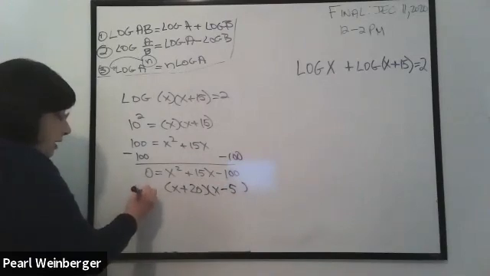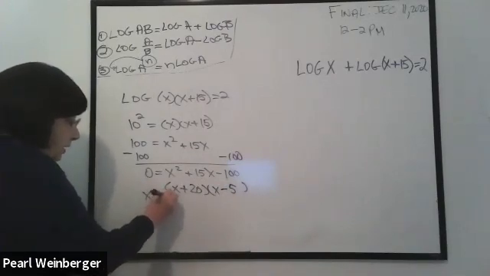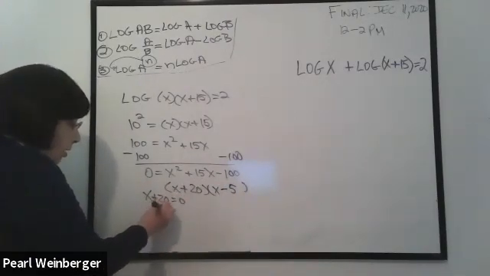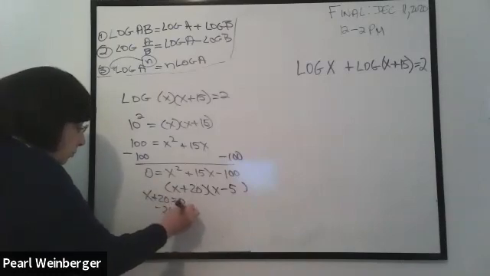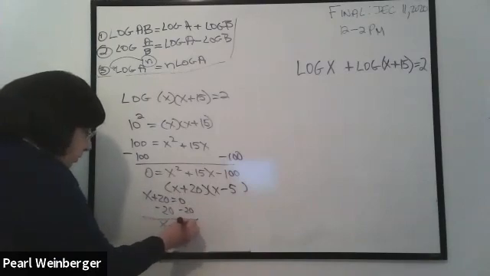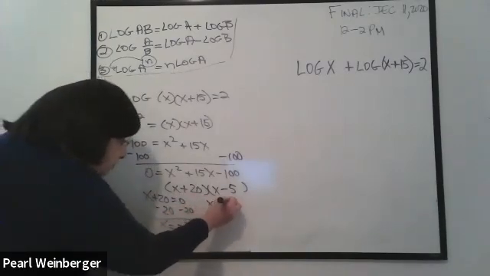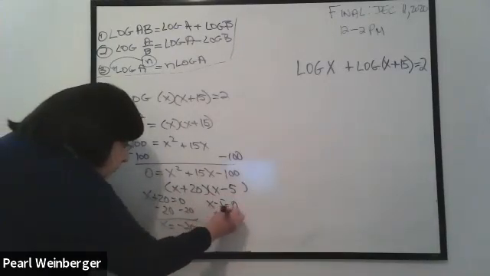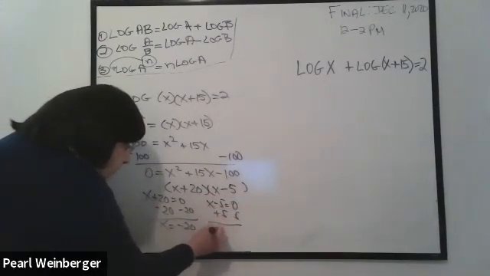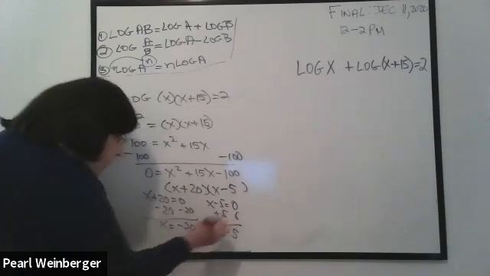So therefore, I'll get x plus 20 equals 0. So this gives me x equals negative 20. And x minus 5 equals 0. So that gives me x equal to 5.